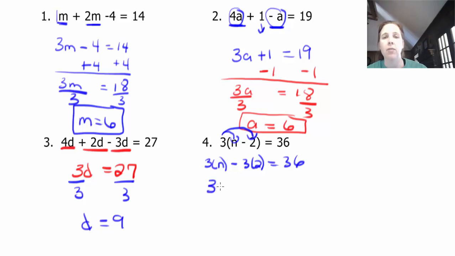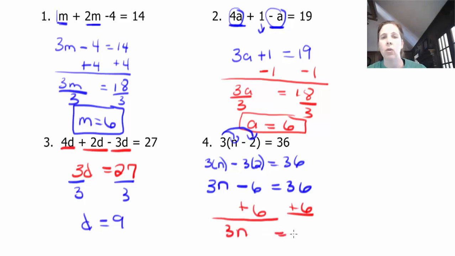So this is going to be 3n minus 6 equals 36. And now we isolate the variable and solve. So we add 6. What we do to one side, we have to do to the other. So we have 3n equals 42. Okay, and then we divide by 3.